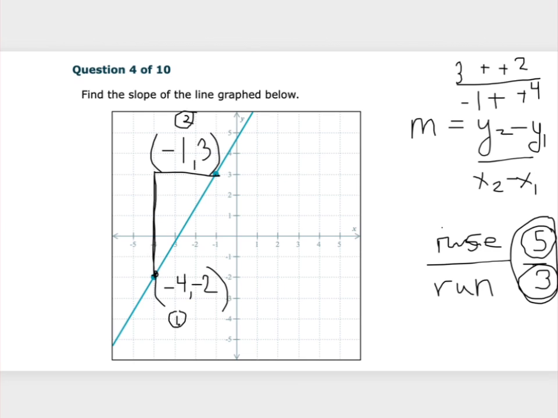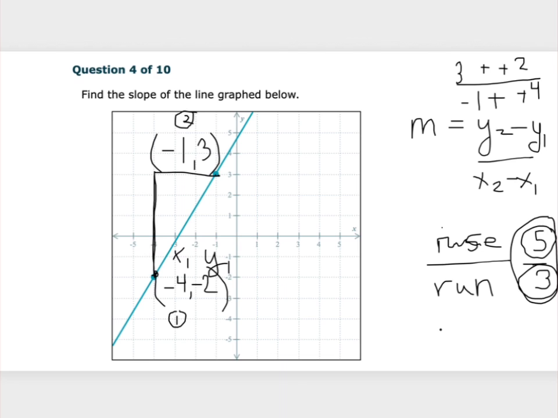Since we're calling this point 1, then we're going to say this one is x1 and this one is y1, and then we're going to replace the x1 and the y1 with the -4 for the x1 and the -2 for the y1.